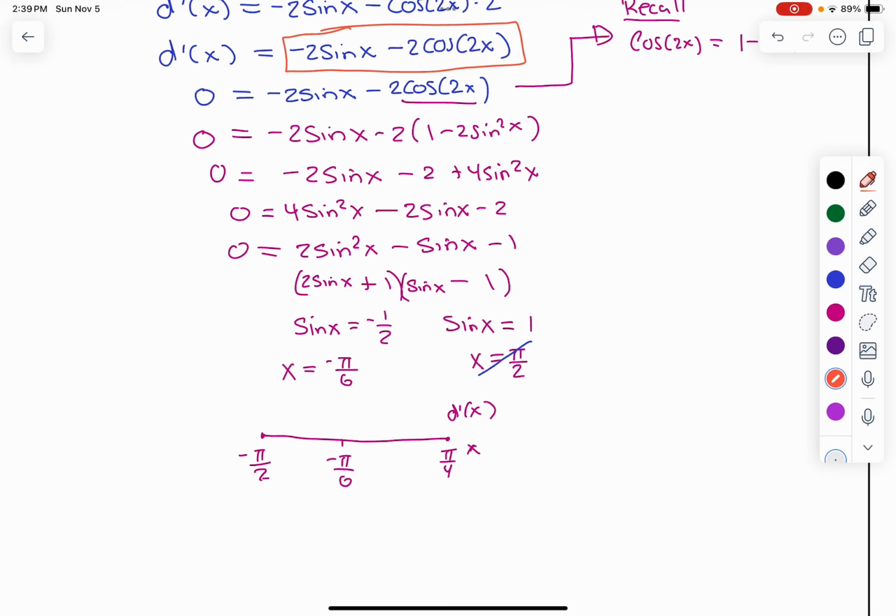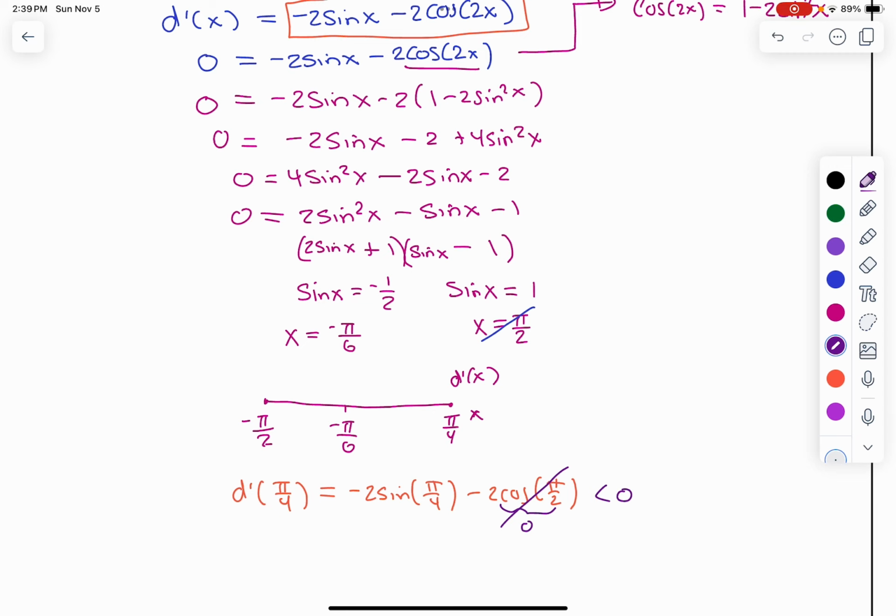That wasn't a critical point, so I can use it. So d prime of pi over 4, I'm going to write this out rather than doing it mentally, is negative 2 sine of pi over 4 minus 2 cosine of 2 times pi over 4, which is pi over 2. Now this is 0, so this is gone. And then the sine of pi over 4 is positive times negative 2 would be negative. So this is negative. That's all we care about.